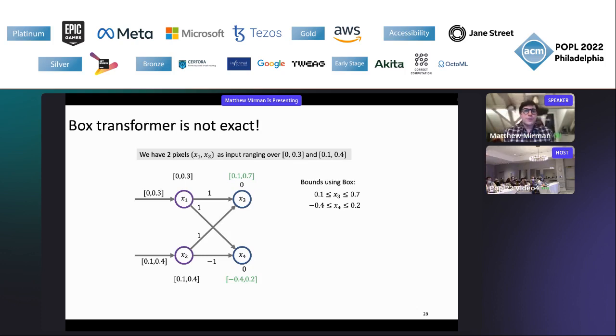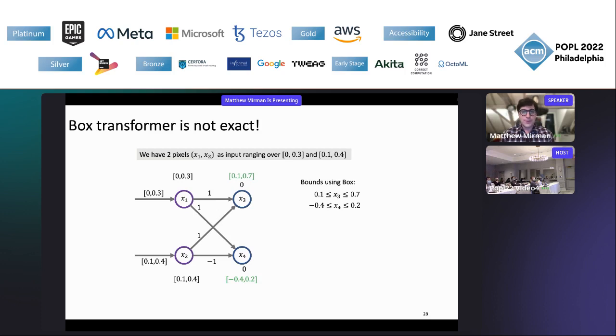So the most counterintuitive thing about abstract interpretation and the box transformer in particular is that it is not exact. We can see this just by looking at matrix multiplication of an input x1 and x2 to an output x3 and x4. Suppose that the input x1 ranges from 0 to 0.3 and input x2 ranges from 0.1 to 0.4.